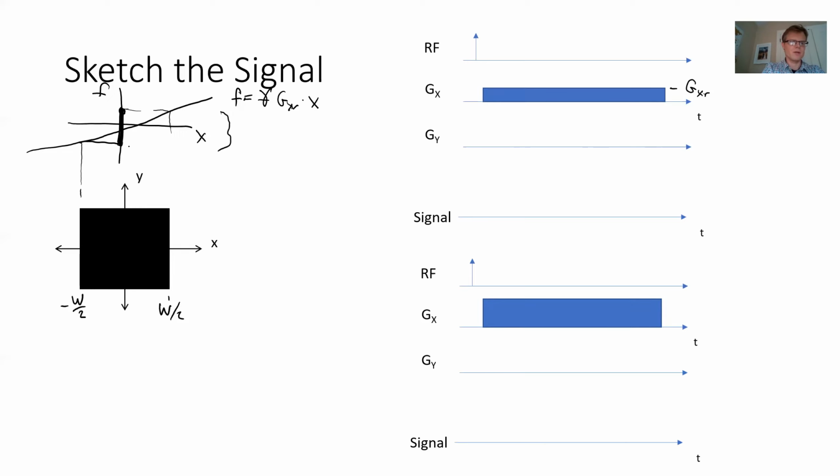This frequency here would be minus gamma bar GXR W over 2, and similarly this value up here is going to be positive of the same quantity. So our signal here is now going to be a sum or an integral of all these different frequencies going from this range. I'm going to write it out precisely, but I'm not going to derive it any more precisely than this at this point.